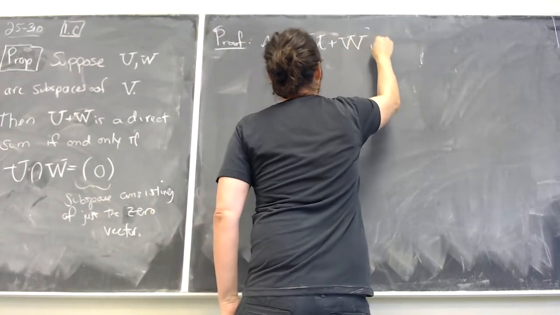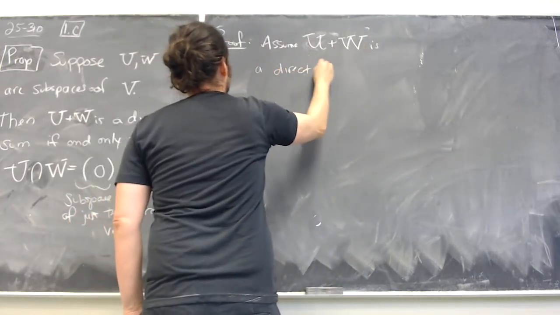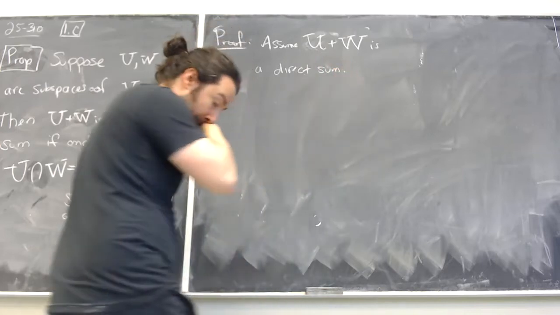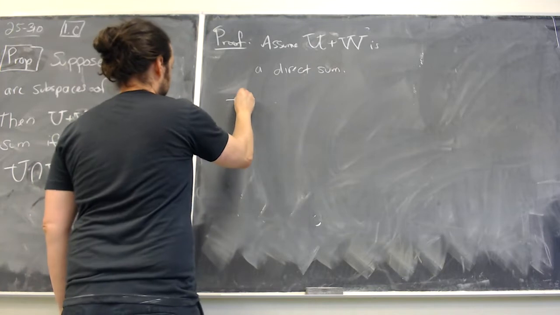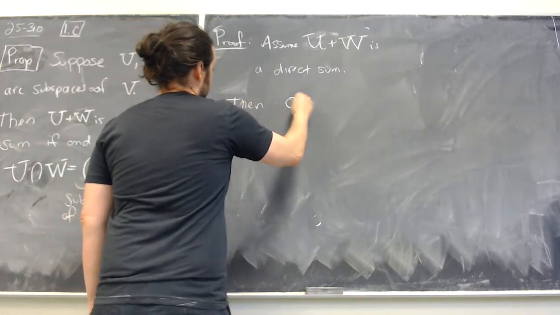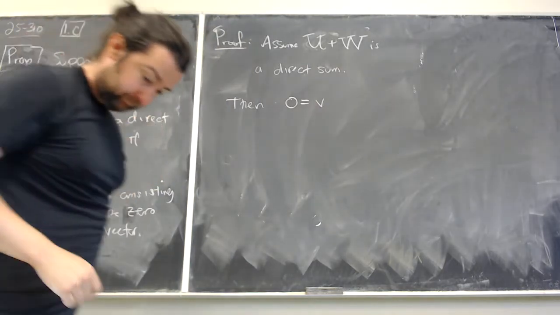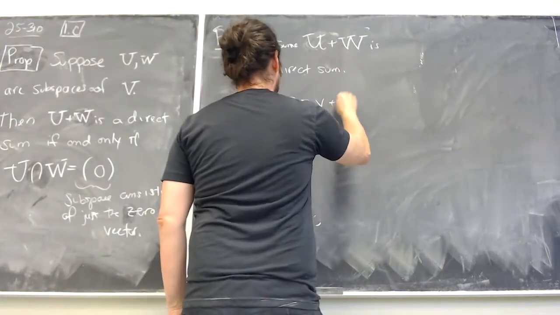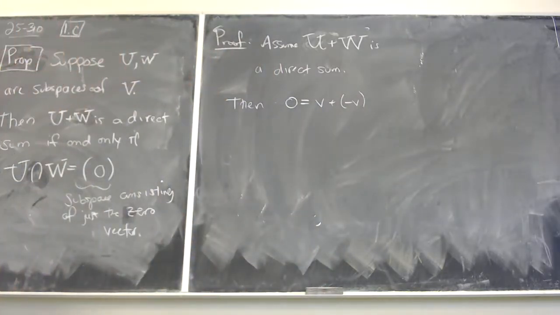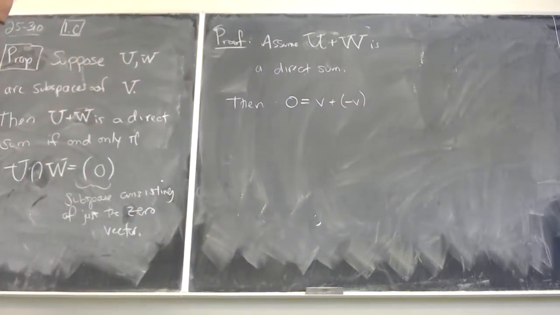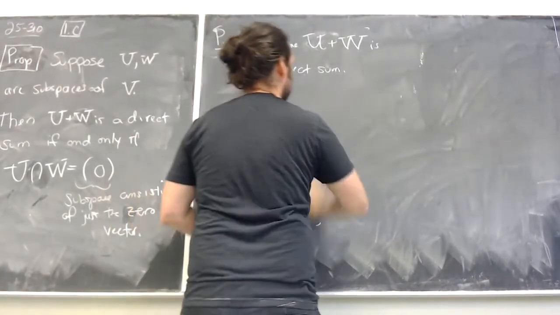Suppose that U plus W is a direct sum. Then, certainly, oh, I missed a step. This is the problem. I printed my notes and I forgot to bring them.